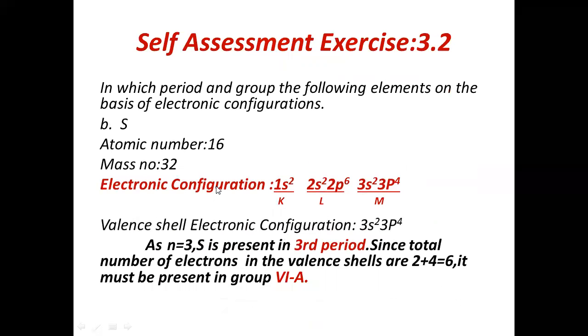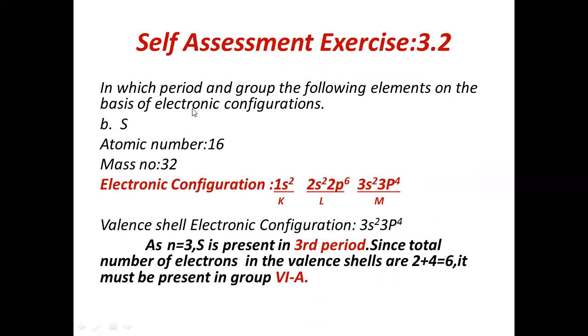After magnesium, we have self-assessment exercise 3.2, in which we decide the period and group of the following elements on the basis of electronic configuration. Same as the previous example.